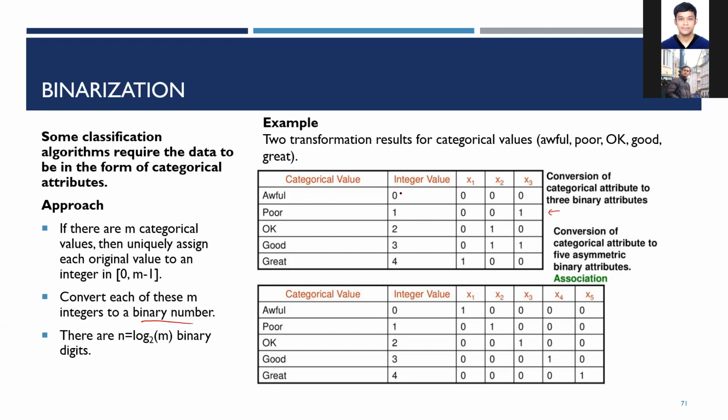So instead of using 0, 1, 2, 3, 4, we use three new features, x1, x2, x3, which is the breakdown of this x value. For example, 0 is represented by 0, 0, 0. 1 is represented by 0, 0, 1. And then 2, 3, and 4.